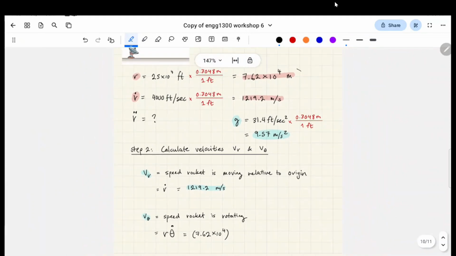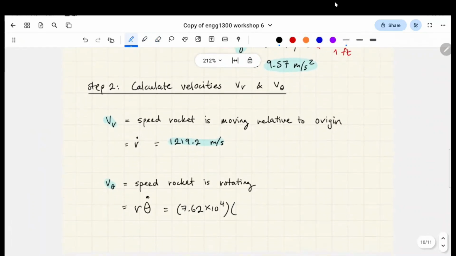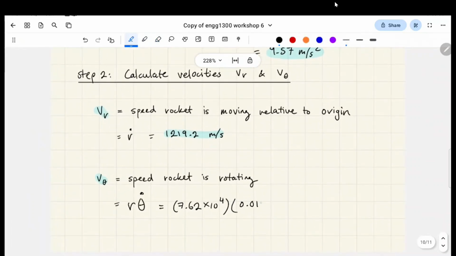That was this one here, and our theta dot was this one here.